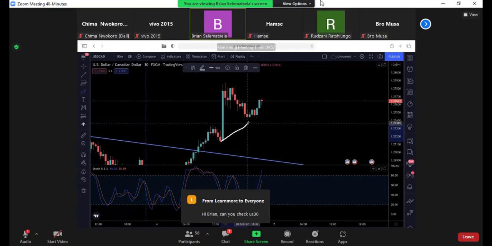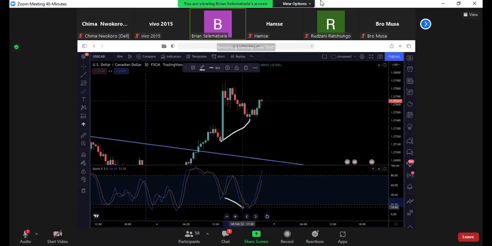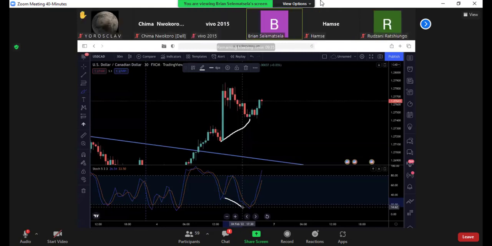And the reason why we're also seeing buy on USD CAD is because of all the pairs that have USD on the left hand side. USD ZAR, USD CAD, USD JPY, every pair that has USD on the left hand side, it's on a buy. How do we know that?